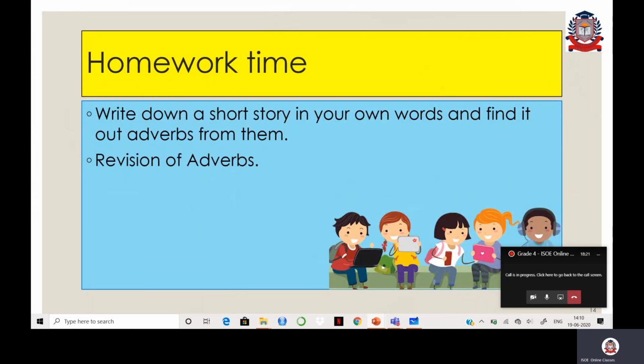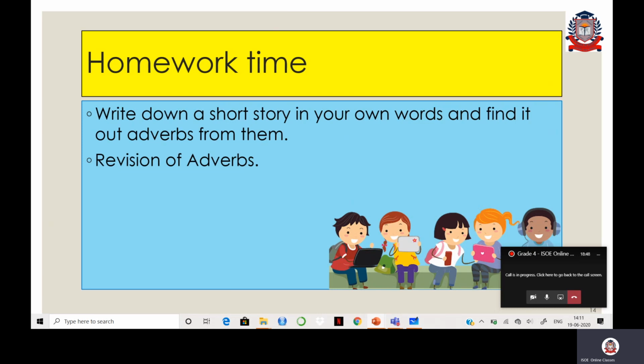That is your assignment. And one more interesting assignment is there for you. You have to write a short story in your own words and find the adverbs in it. So I'm giving you time to write a very short story. I know you all love writing stories. So please pick any topic you want and write a short story. Then find out what adverbs you have used in that story.